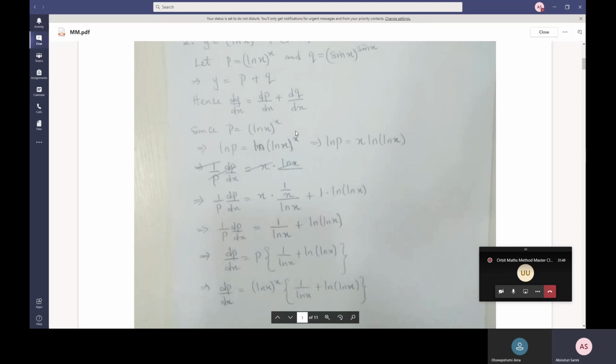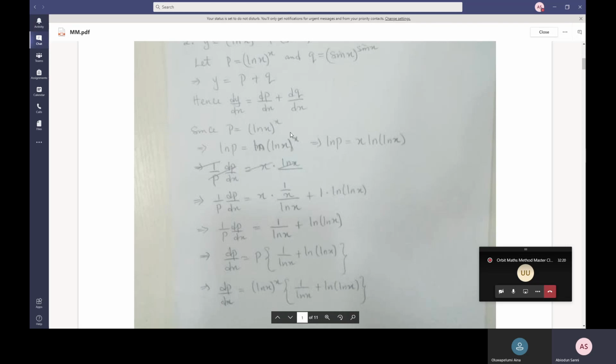If p is this, there's no way you can differentiate it directly, because you have ln x all raised to power x. That's giving us a limitation. So what we are going to do is take ln of both sides. ln p is equal to ln of (ln x) raised to x.